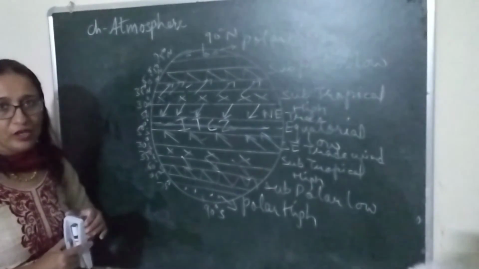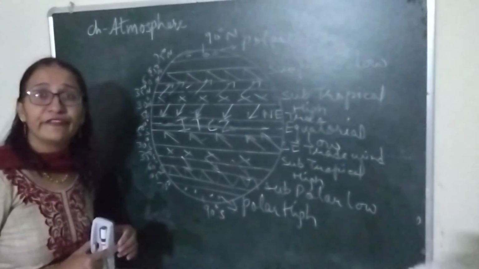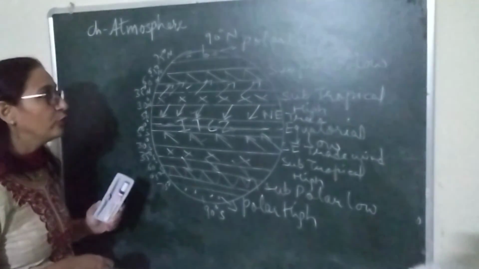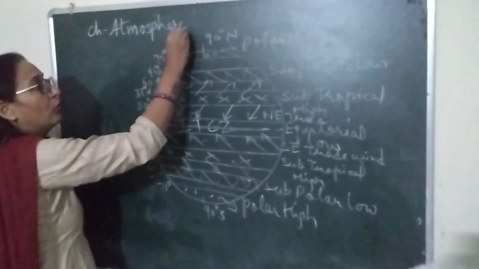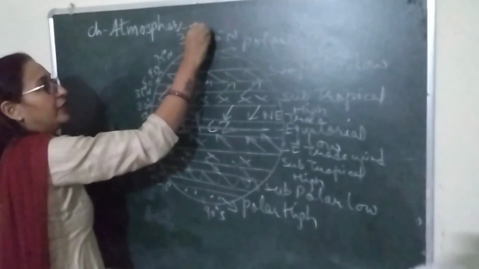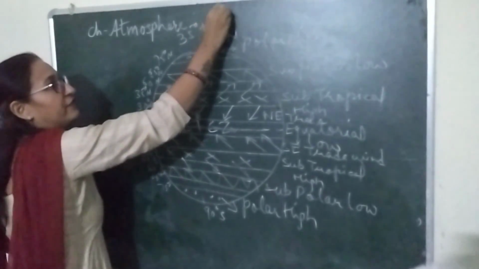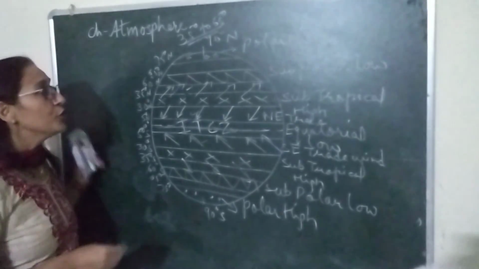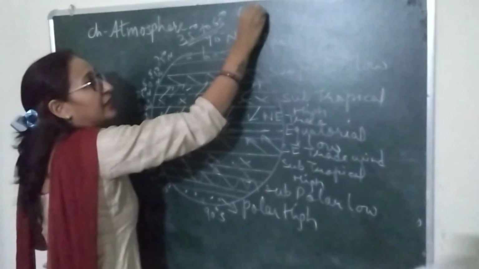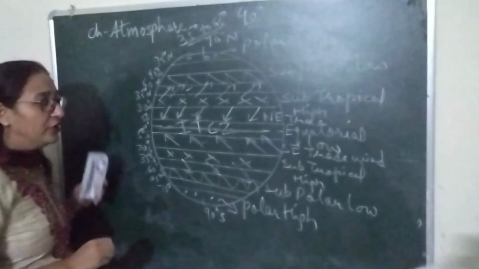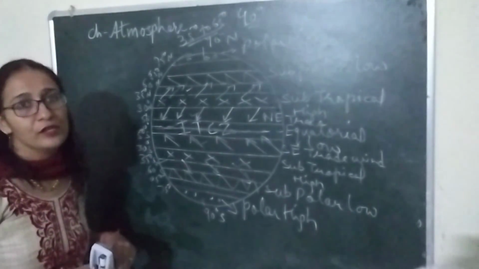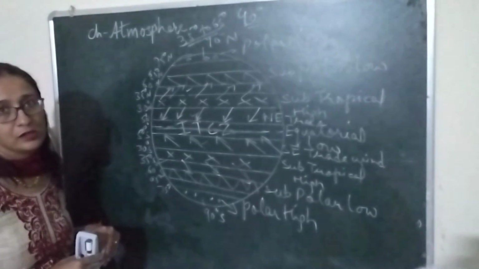So we can say the speed of westerlies is more in the southern hemisphere, and we have given different names to westerlies at different latitudes. As I have told you, westerlies blow from 35 degree to 65 degree in both hemispheres. At 40 degree latitude, we call these westerlies the roaring 40s.